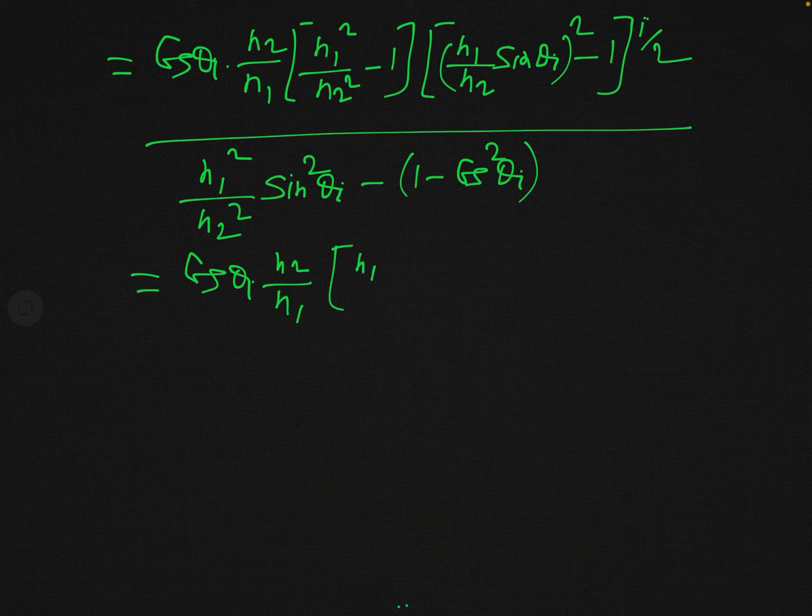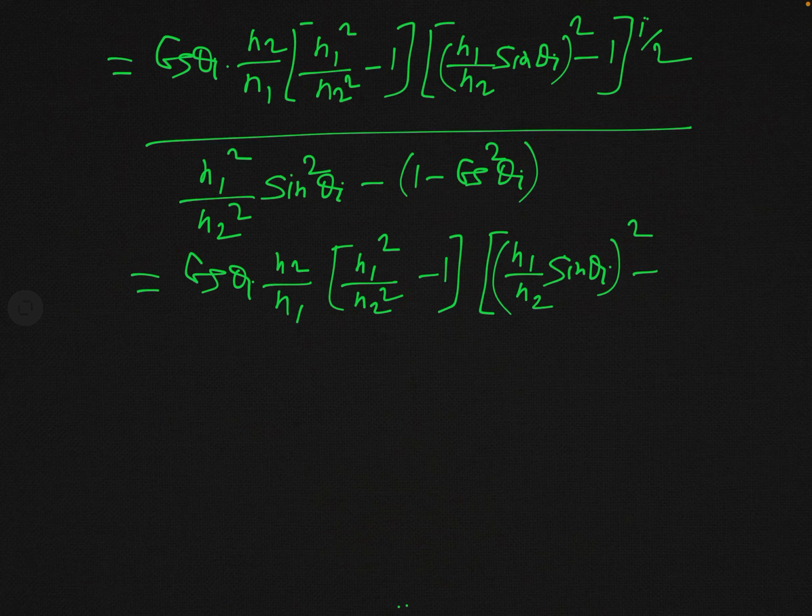And now you can see this result can be written as cos theta I into n2 by n1 into n1 square by n2 square minus 1 into (n1 by n2 sin theta I) whole square minus 1 to the power half, and divided by.